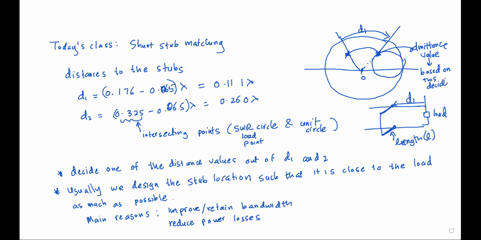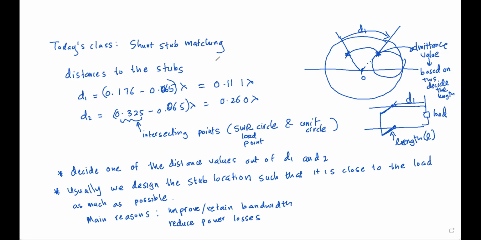So the length we decide based on the admittance value. The admittance value that we get in these intersecting points, we need to first decide.